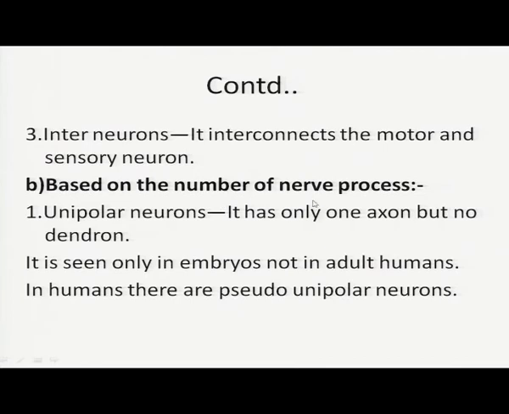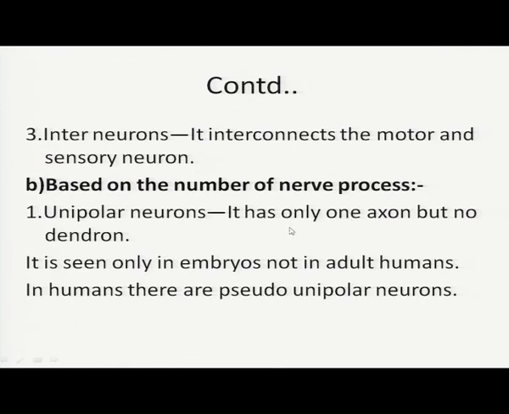Now, based on the number of nerve processes, again we can divide the neurons into different types. The first category is unipolar neurons. Uni means single. So, they have only one axon, but no dendrons. So, it has only one branch towards only one direction, one pole.